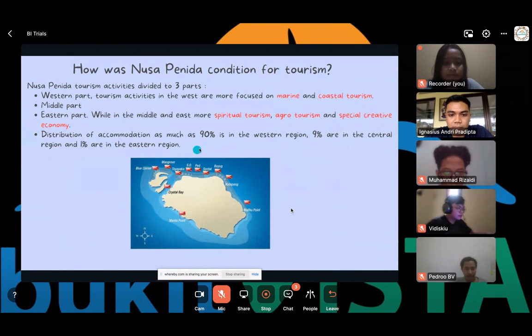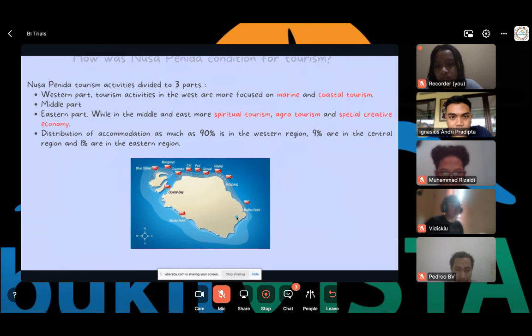For the accommodation, the western region has around 90%, the central region is 9%, and the eastern region is 1%.